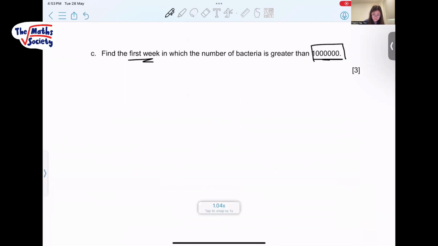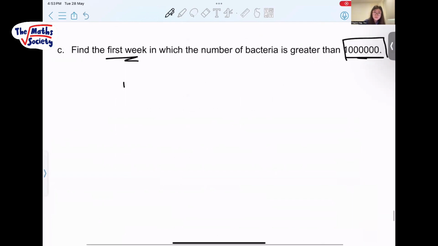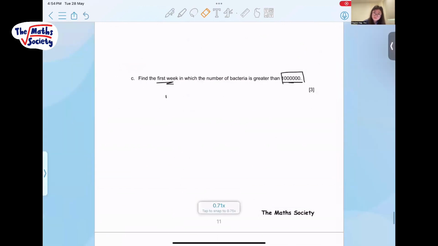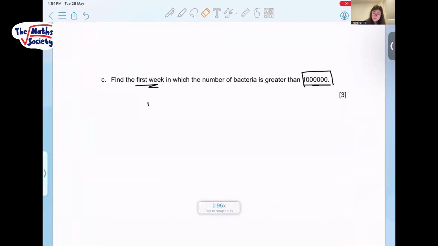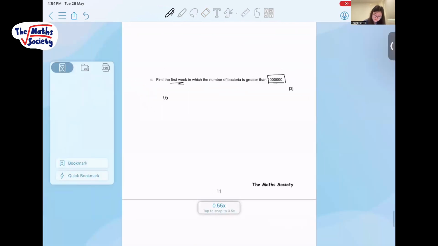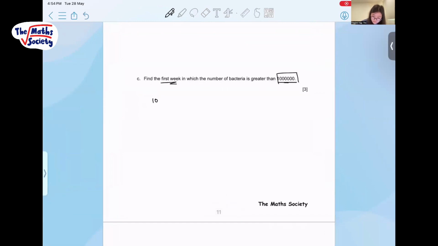So it has to be greater than this, 1 followed by 6 zeros.